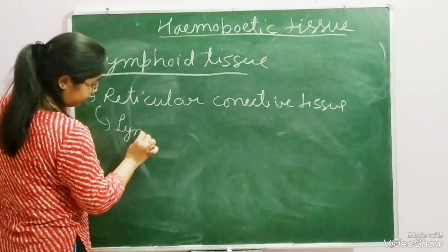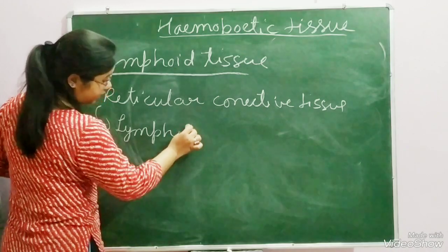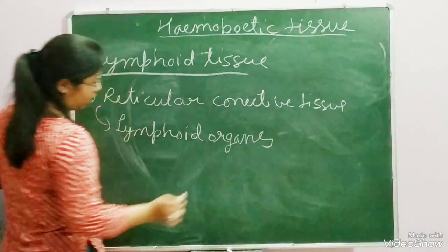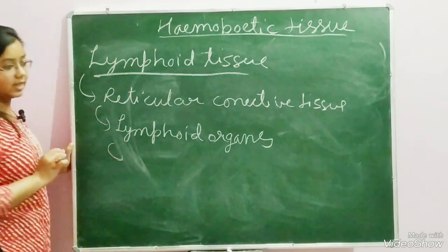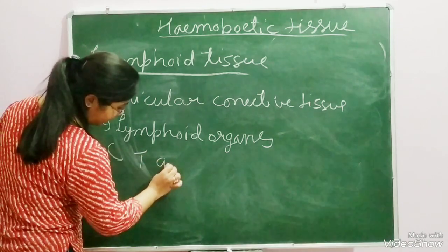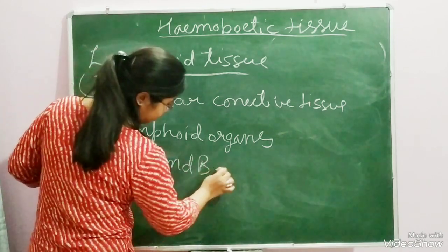Lymphoid organs are present which produce T lymphocytes and B lymphocytes.